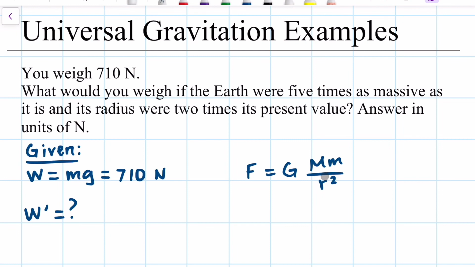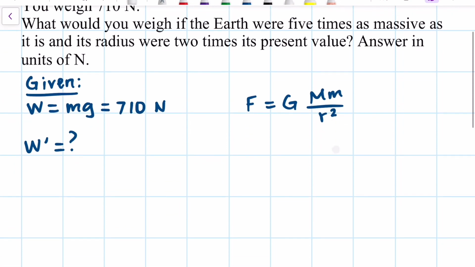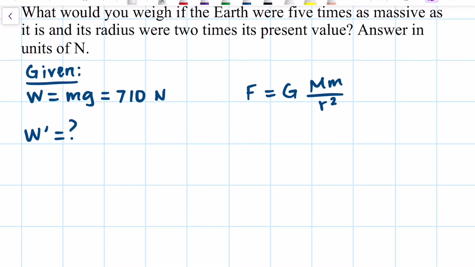In this case, the weight is a byproduct of this force between the person, whose weight is 710, and the Earth, meaning that capital M is the mass of the Earth, and lowercase m is your mass, because it says you weigh, correct? So your mass.